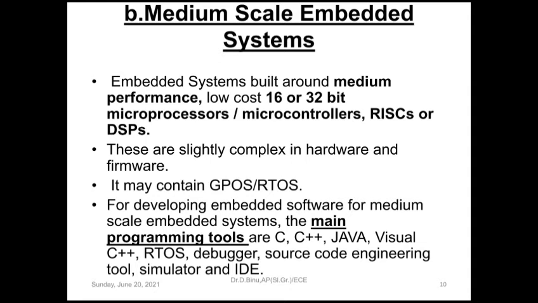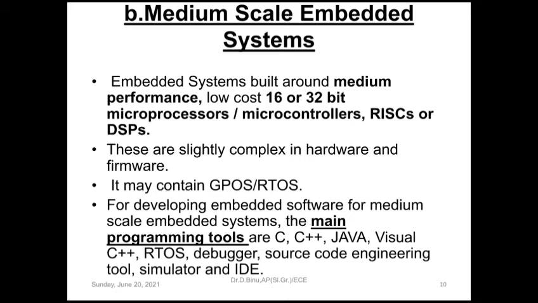The second category based on the performance of the microcontrollers is medium scale embedded systems. These types of embedded systems are slightly more complex in hardware and firmware compared to small scale embedded systems. This type of embedded system may contain general purpose operating systems or real-time operating systems.